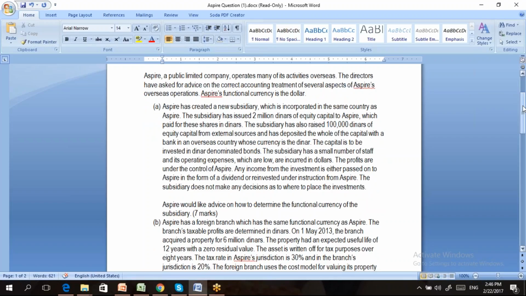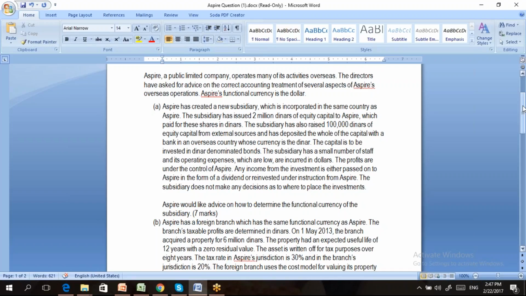Okay, there are lots of different things. The main funding is received in dinars. Although the parent company clearly controls the business, and their currency is not dinars, it's dollars.